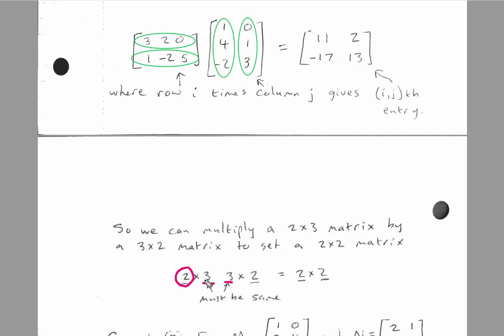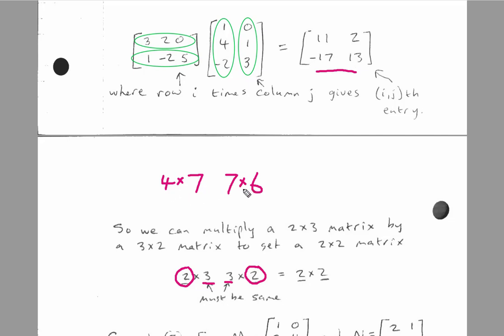Okay, so the number of columns in the first matrix has to match the number of rows in the second matrix. And then the answer: when you multiply these two matrices, you get a 2 by 2 matrix. Okay, so 2 rows and 2 columns. Alright, so you could multiply a 4 by 7 matrix by a 7 by 6 matrix.